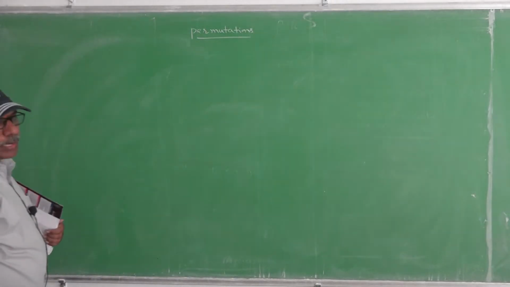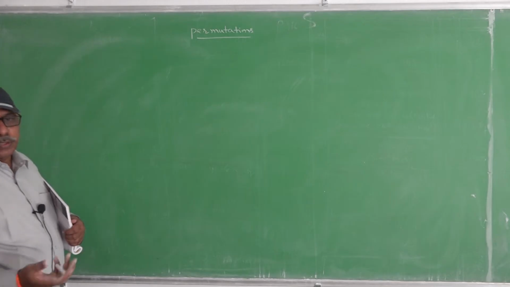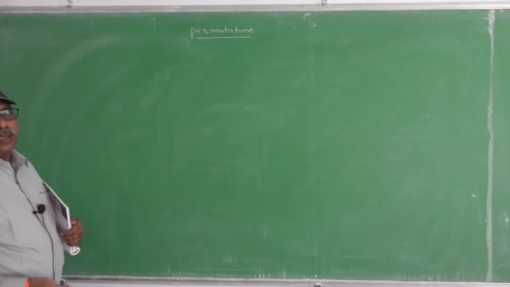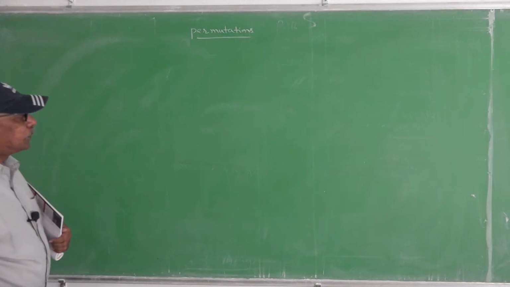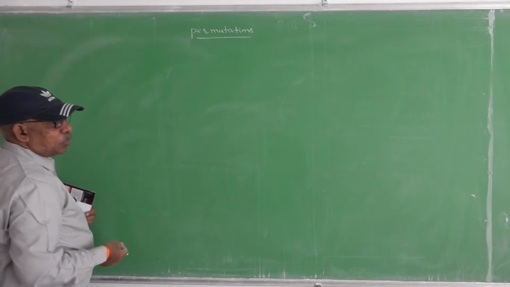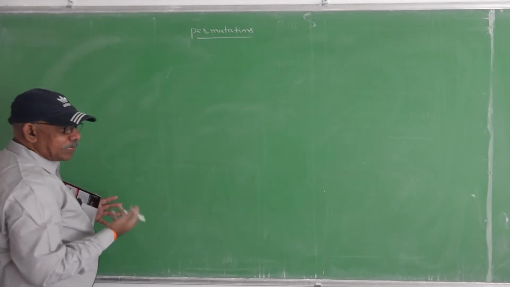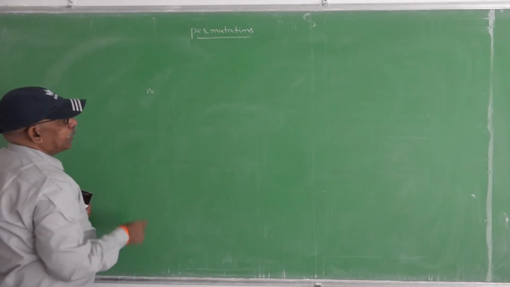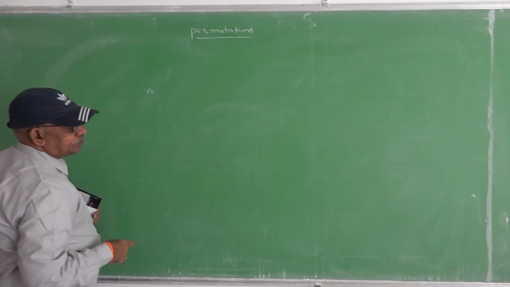Permutation means arrangement. Arrangement of things, arrangement of persons, and arrangement of anything comes under permutation. So how do we find the number of arrangements of n different things taken r at a time in a row?